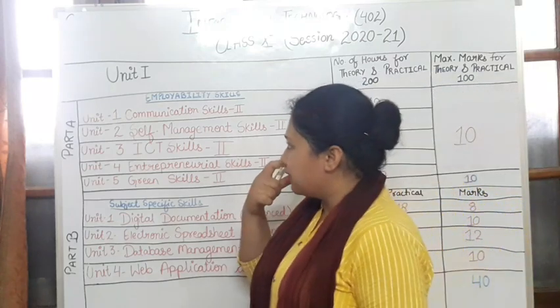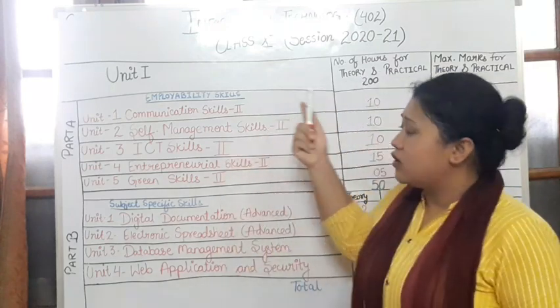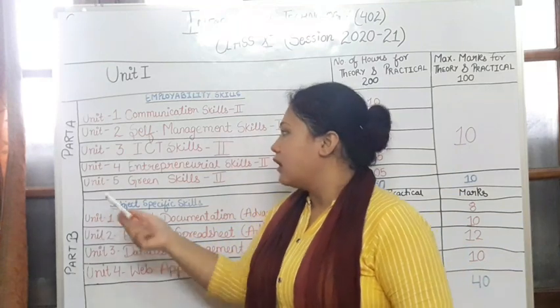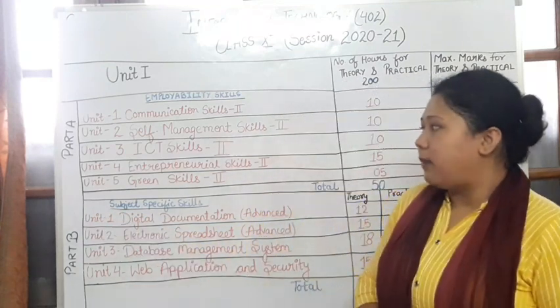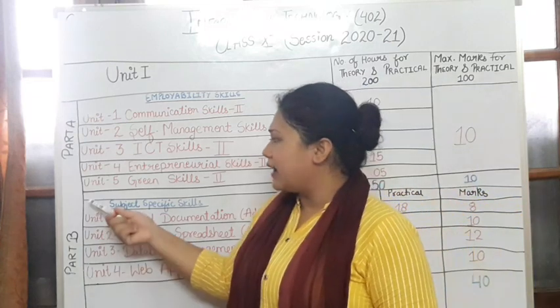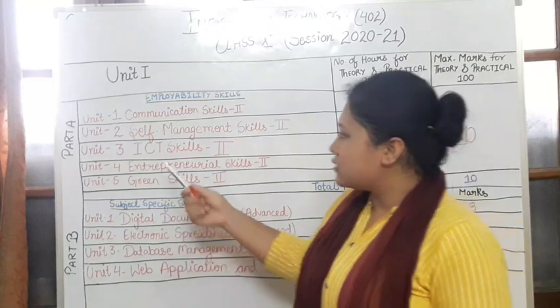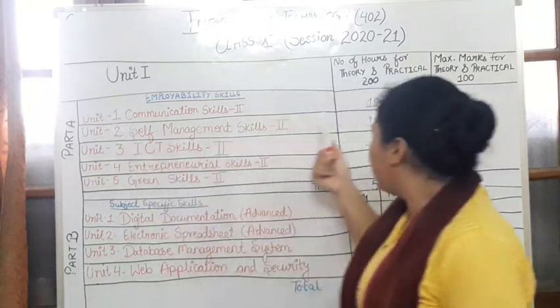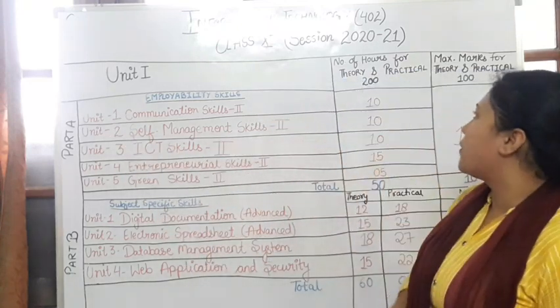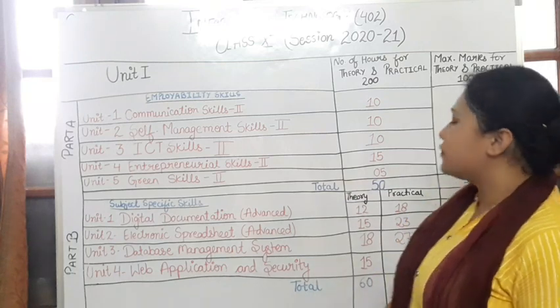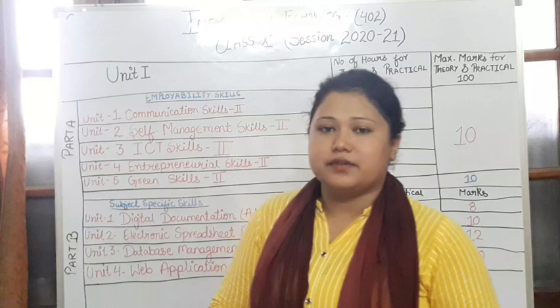As you can see here, IT 402 is already divided into part A and part B. Not only this, part A is again divided into 5 units. These units show the number of hours for practical and theory and the maximum marks of theory and practical out of 100.